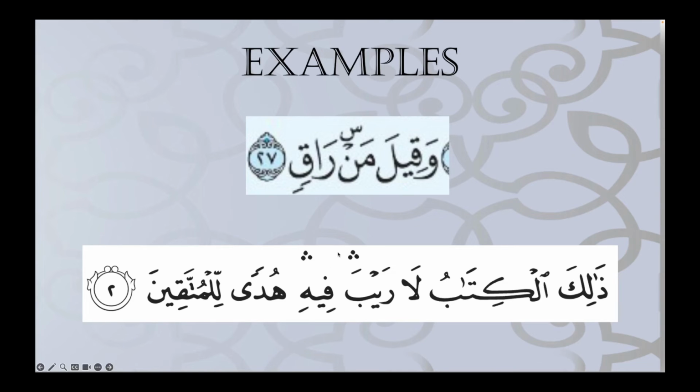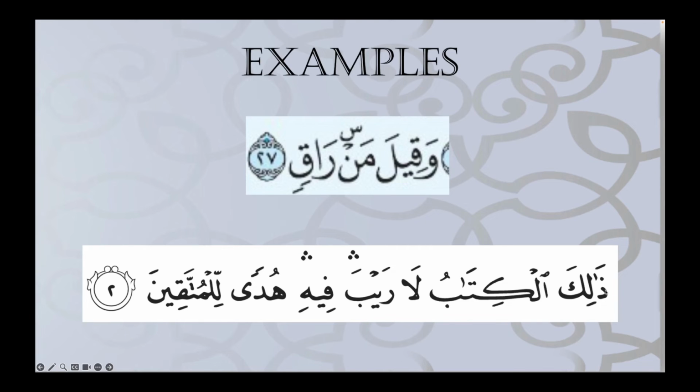Now, this next example is when you see these three dots. These indicate that you must stop either here, لا ريب, or you must stop here, لا ريب فيه, but not both and not neither. That would be a problem.